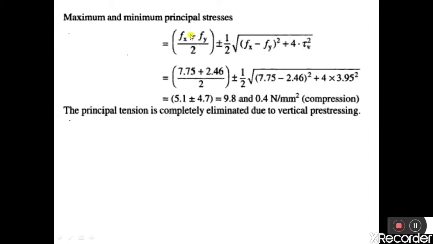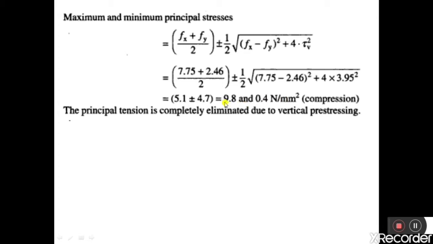We have already calculated the values of all these terms. Substituting the values, we get the final answer as 5.1 plus or minus 4.7. If I consider the plus, it is 9.8. If I consider the minus, it is plus 0.4 Newton per mm square.